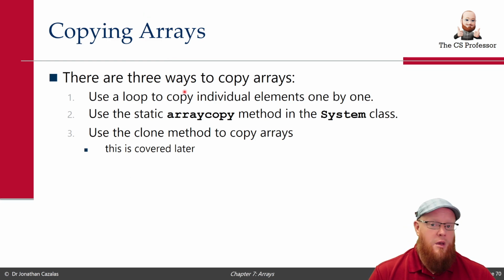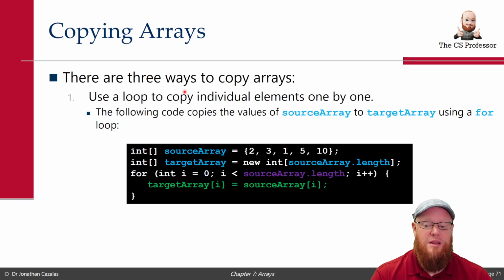Number 1, once you've made a new array, you can just do a for loop to copy all the contents from the original array to the new array. You could also use the arraycopy method, which is inside the System class. And there's a third way, which we'll cover later, which is a clone method to then copy our arrays. But let's look at number 1.